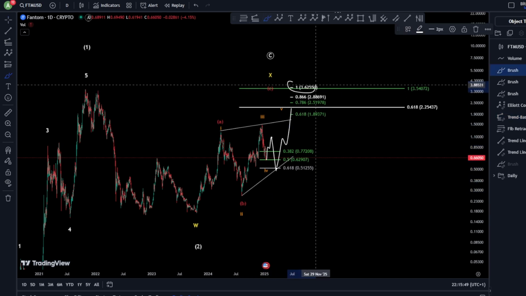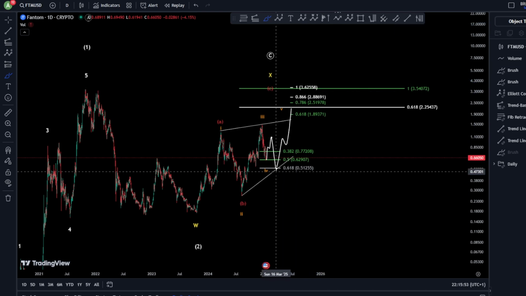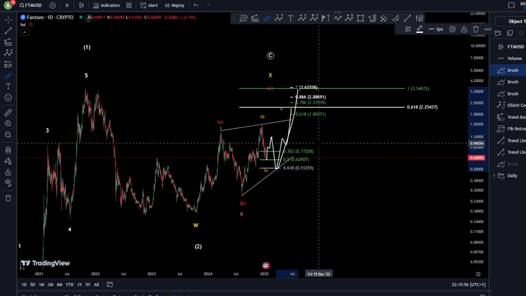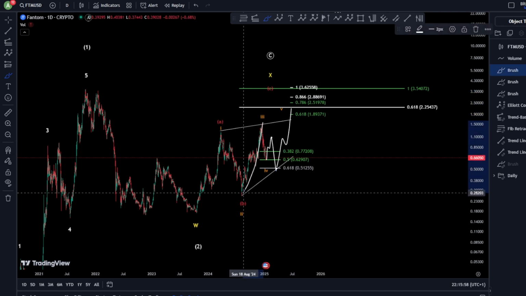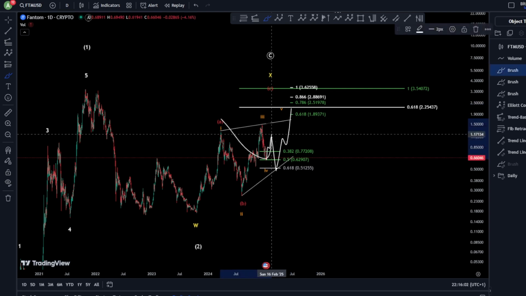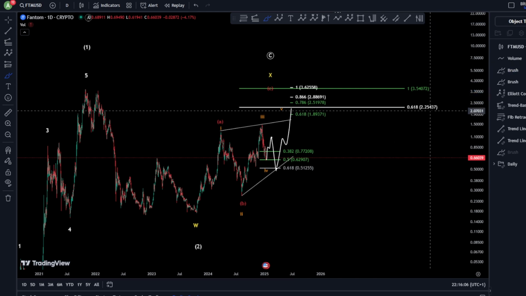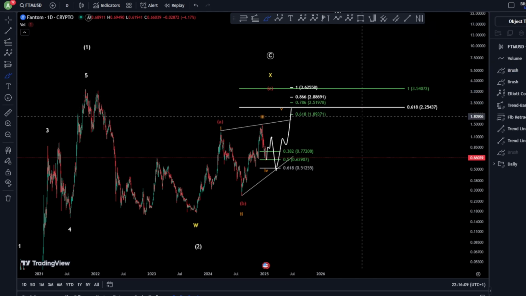Now, of course, hitting the 1 to 1 here, which is in confluence actually, will make a very long wave 5, making it longer than your wave 3. And this is not allowed in Elliott wave. Therefore, invalidation of this diagonal once you break the 3.54 cent.